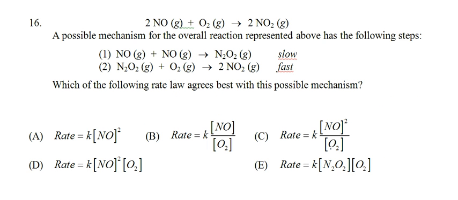All right, 16. A possible mechanism for the overall reaction is represented above, has the following steps. Here's our slow step, and here's our fast step. Again, when determining the rate law, we include all the reactants up to and including the slow step minus the intermediates.